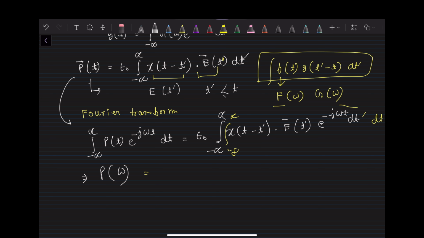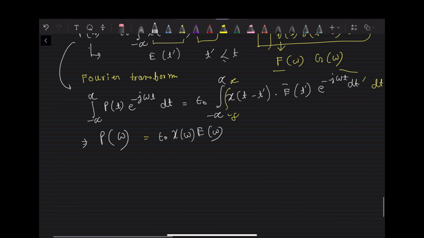So here we have epsilon naught, okay. So this is a common expression from Fourier transform we have used, and you can look it up.